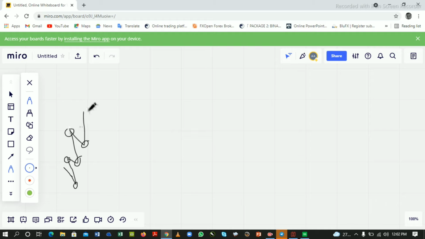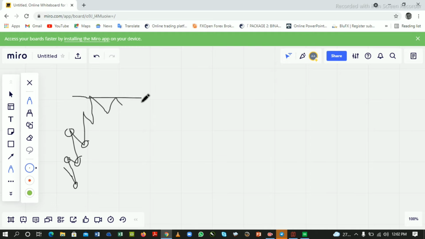Okay? So when you see the market like this, and you see it refusing to break the previous high, coming down, you take this as what? A resistance. Please forgive my drawing. You take this as a resistance.